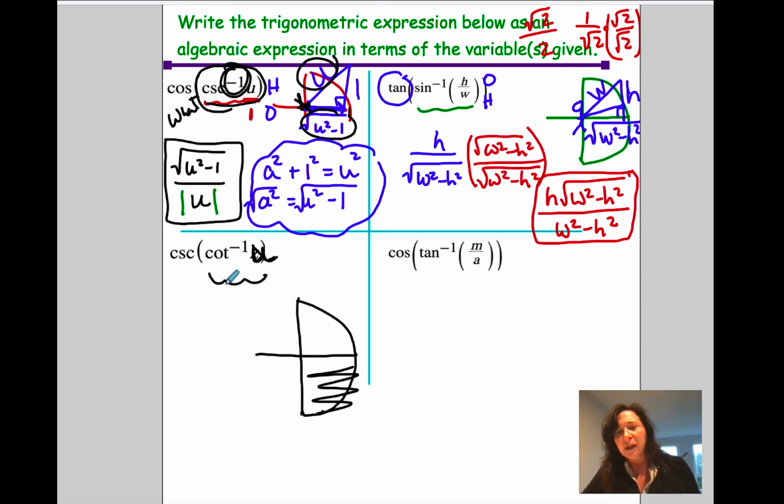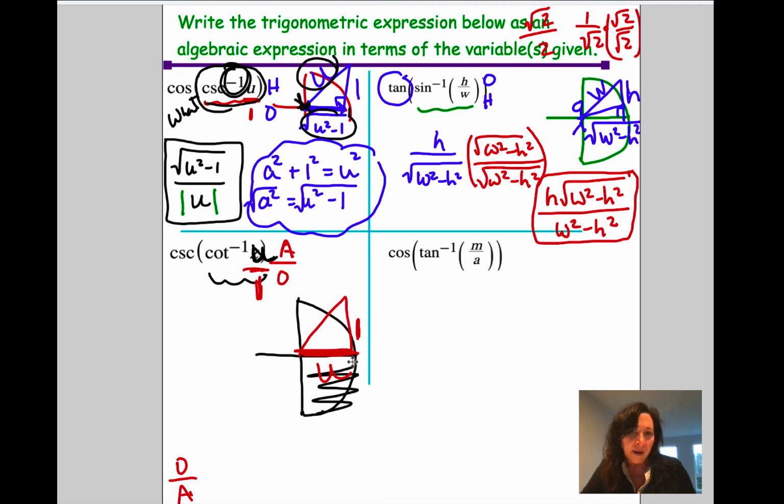So tangent is opposite over adjacent, which would mean cotangent is adjacent over opposite. So we need a triangle. Our adjacent side is this side right here, and that's u. And the opposite side, I don't see a value under here, so if there's no value, that's just going to be 1.